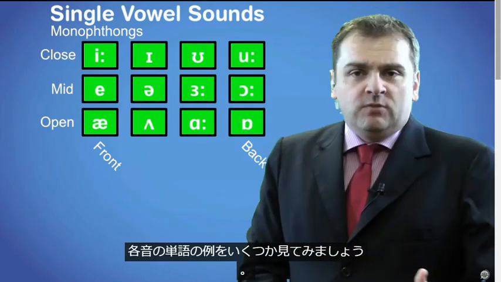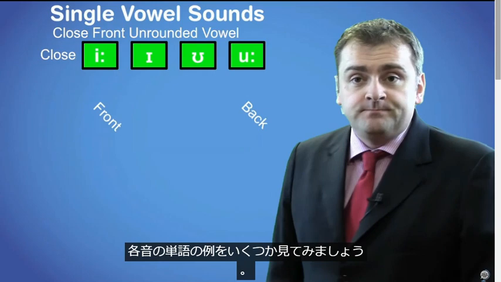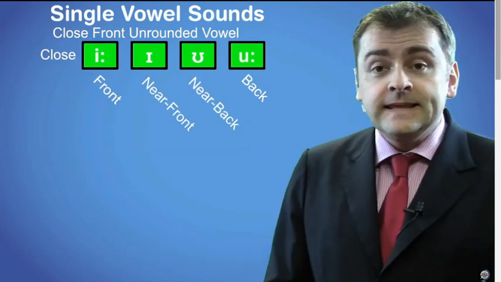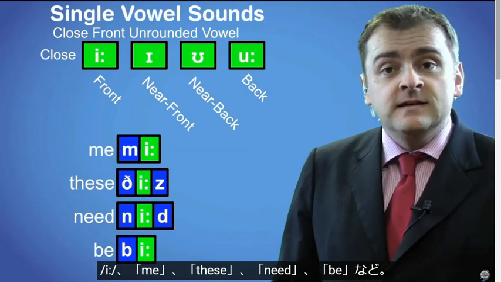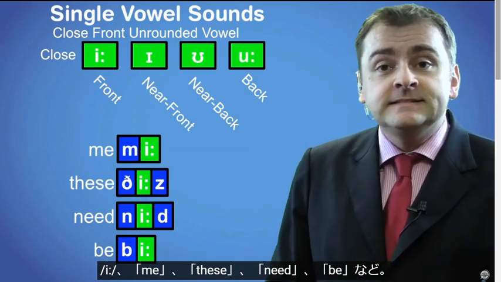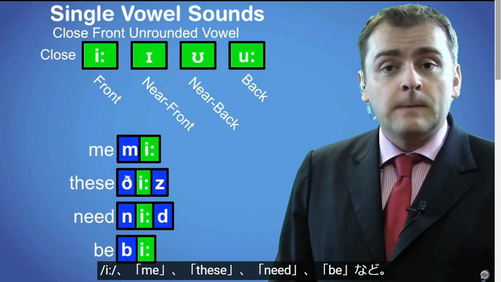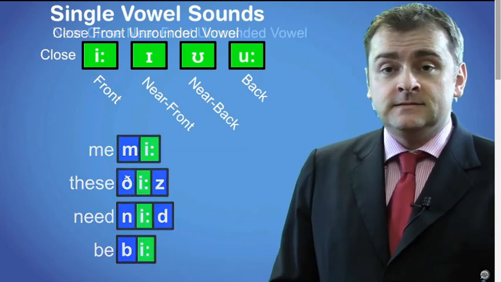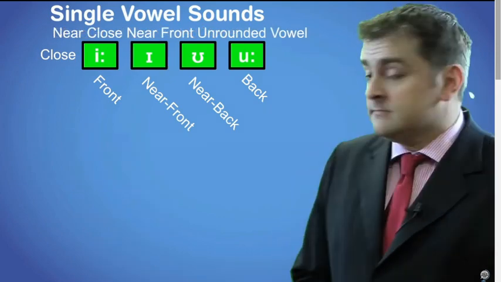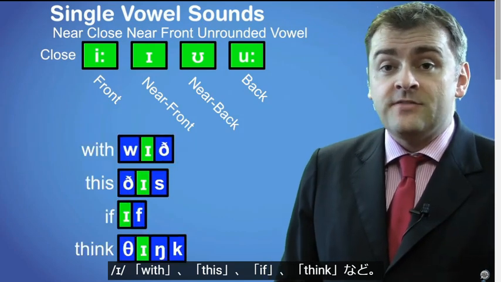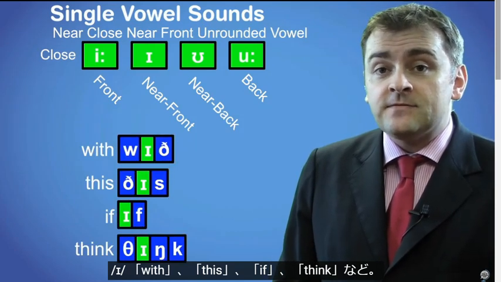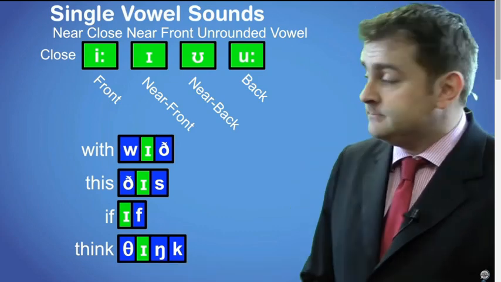Let's look at some example words for each sound. E, as in me, these, need, and be. I, as in with, this, if, and think.